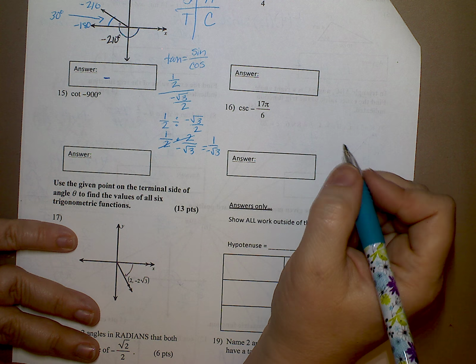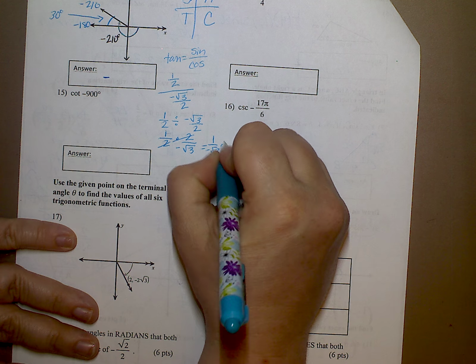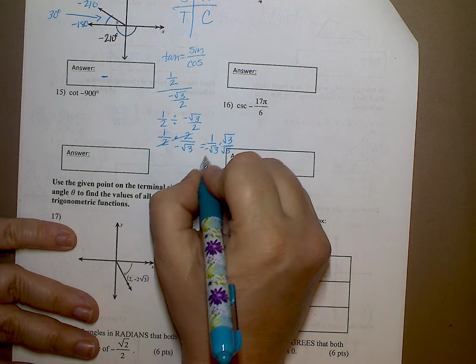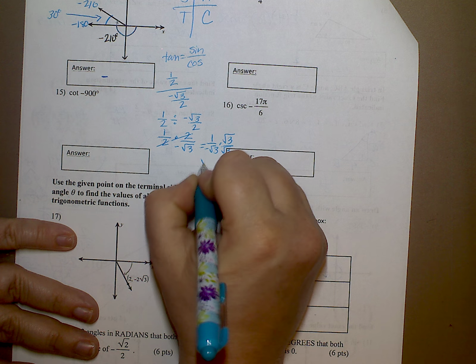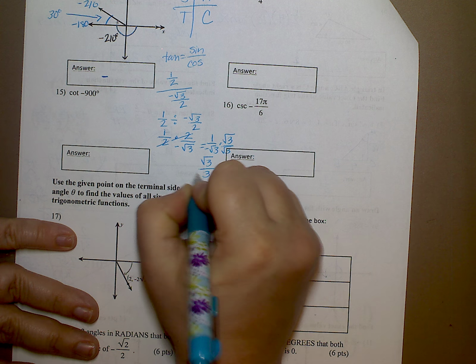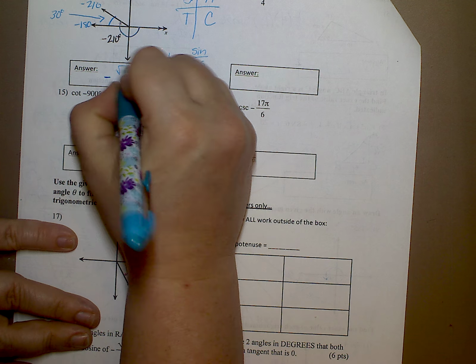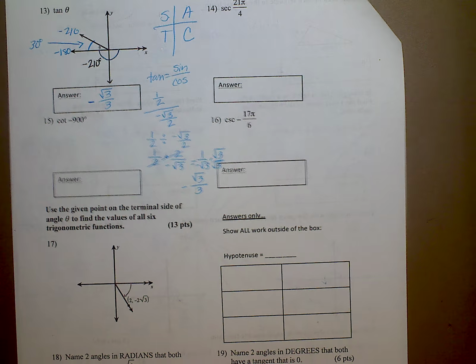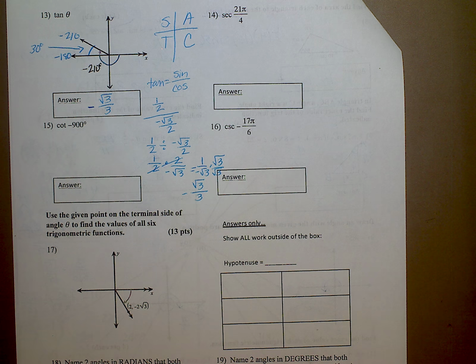Now you just got to get that radical off the bottom. So I'm going to multiply by rad 3 over rad 3, and that gives me radical 3 over 3 with a negative sign. So that's my tangent value there. So far, so good?